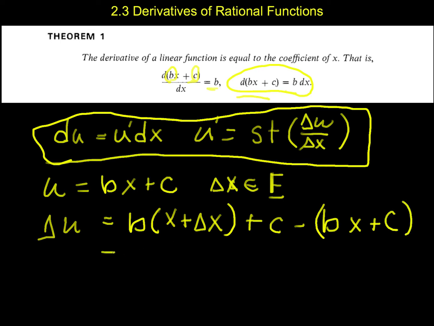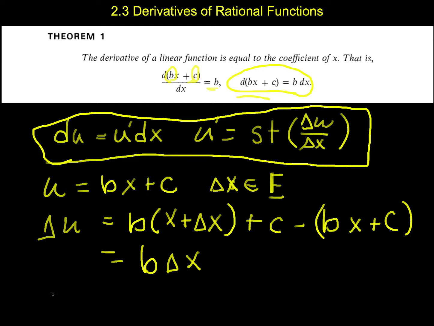And we see what we get here. This bx and that negative bx will cancel. This b and that delta x has nothing to cancel with. The c and that c will cancel. So the change in u is simply b delta x.